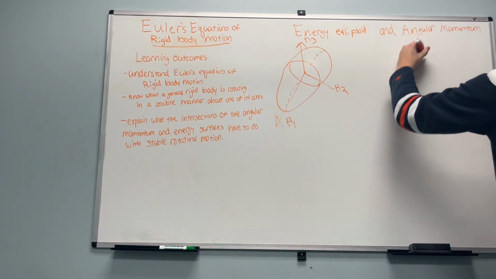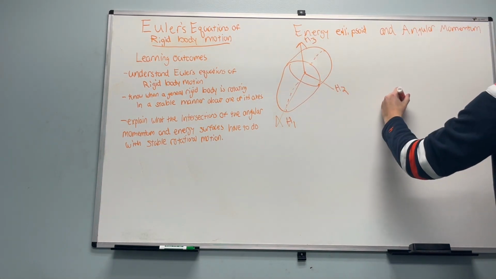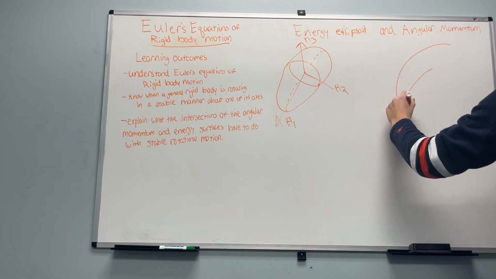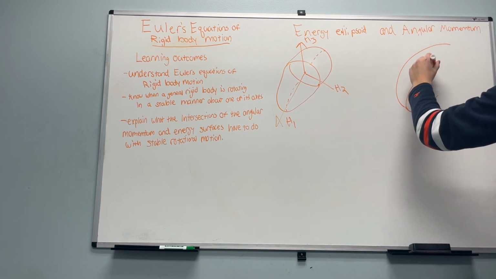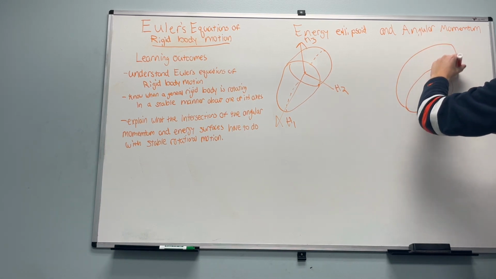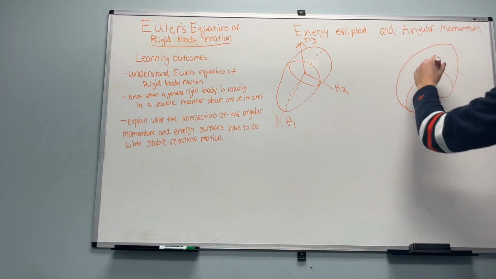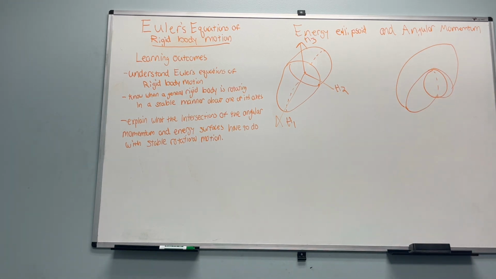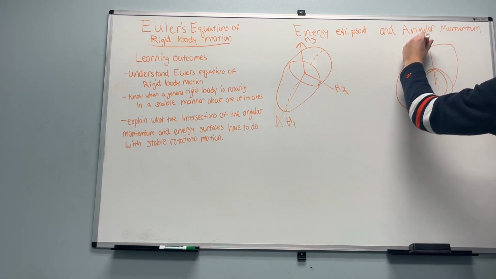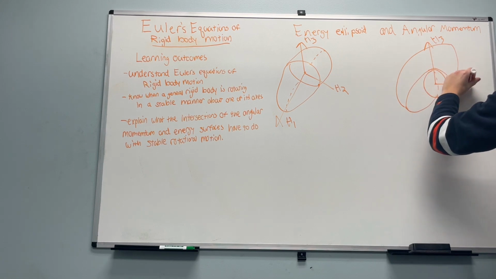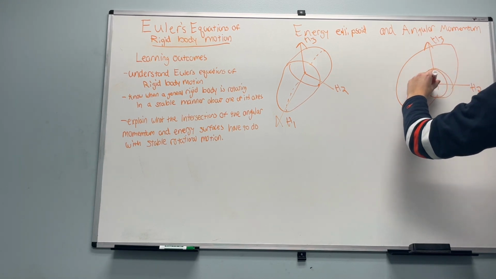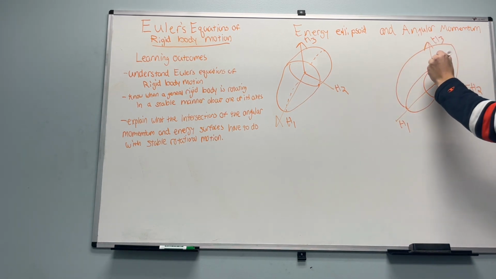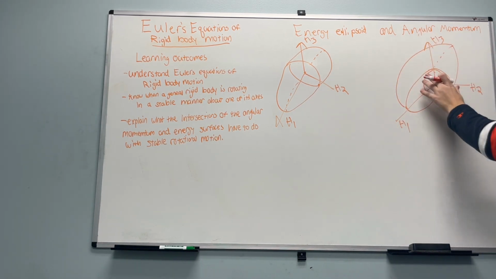And then a much larger ellipsoid here. This is cut in half so we can see the inside of it and our sphere inside. Same axes here.